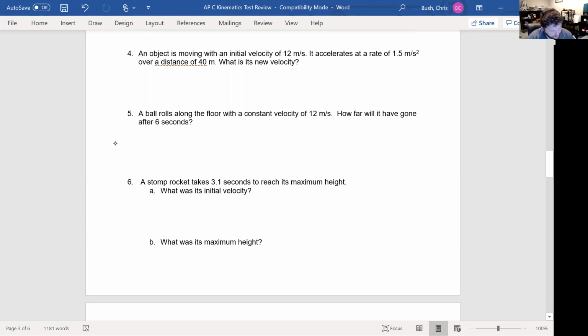All right, object moving with initial velocity, so that's v naught, accelerates at a rate of 1.5 meters per second squared over a distance of delta x. What is its new velocity? So this was another one where we don't have time. So v squared is equal to v naught squared plus 2 times a times delta x.